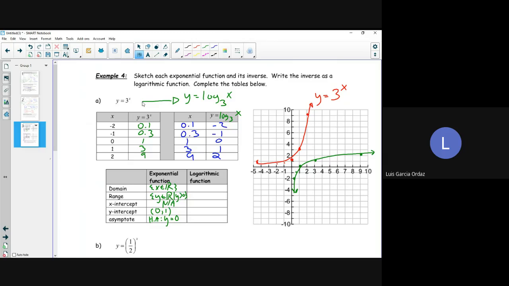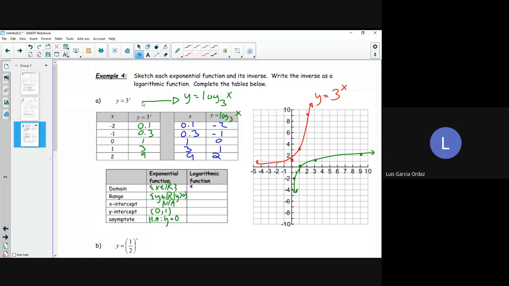So what would the domain be for the log function? x is an element of the real numbers such that x is greater than 0.